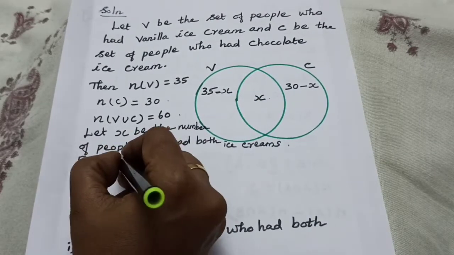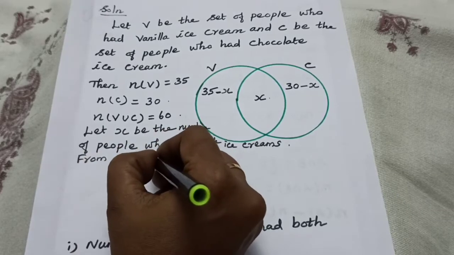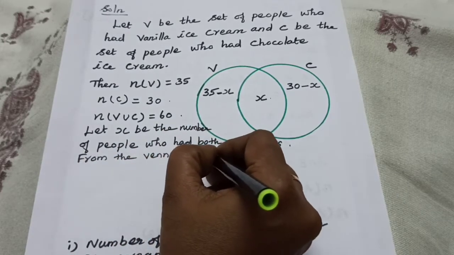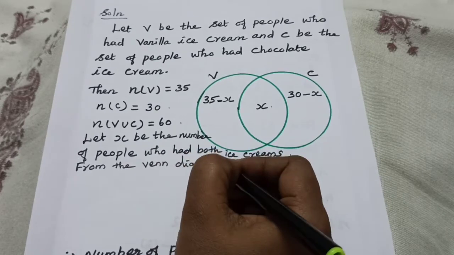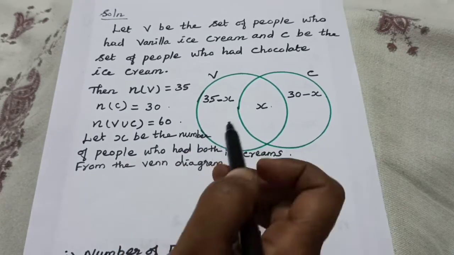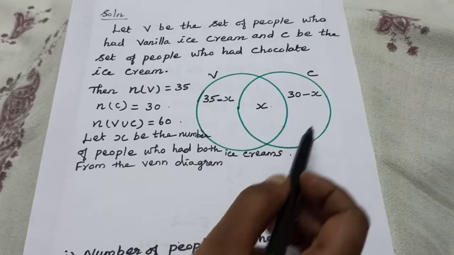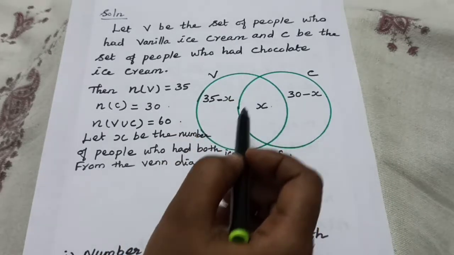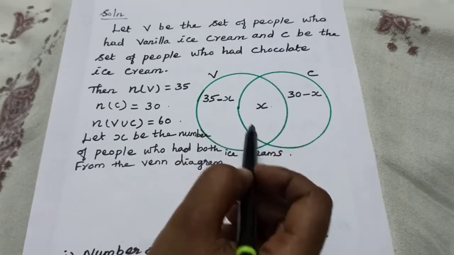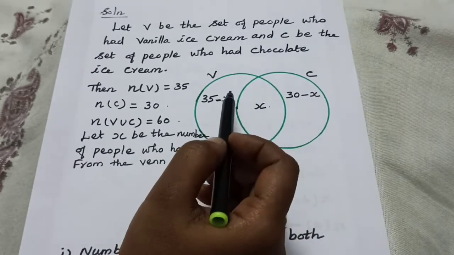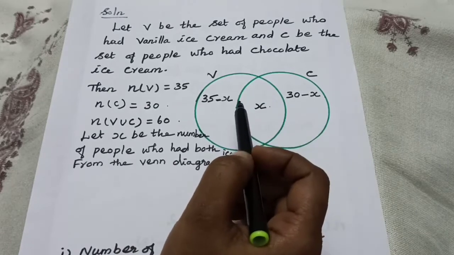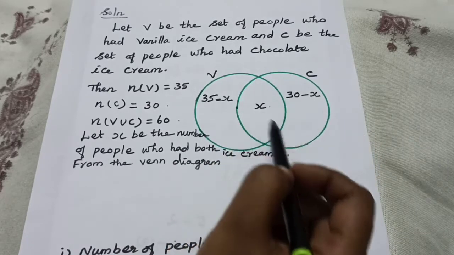From the Venn diagram, we can find what? Here together what is given? 60, isn't it? 35 this vanilla, then here what is given? At least one ice cream. All the people had at least one ice cream.